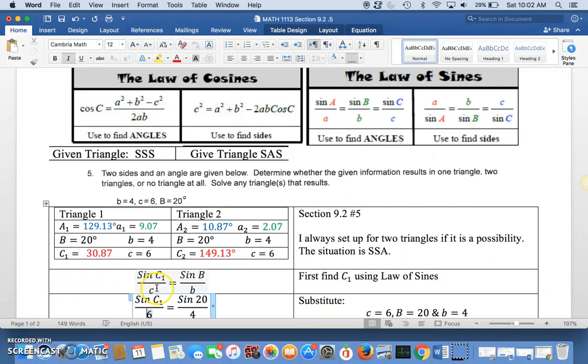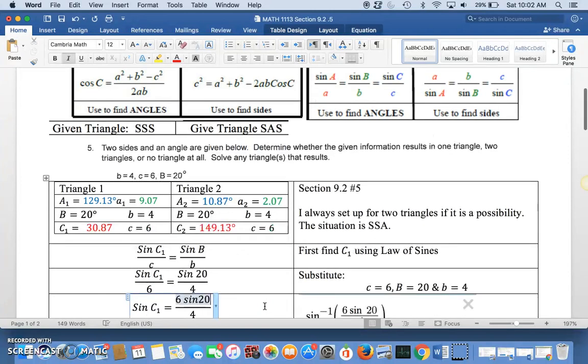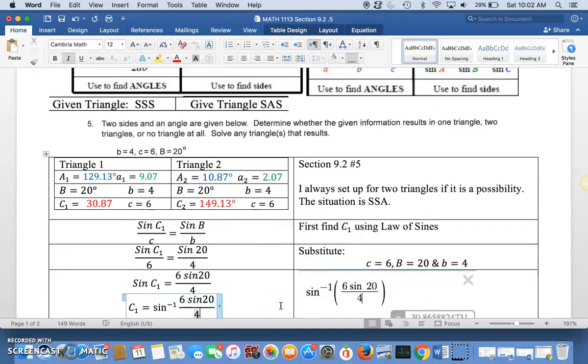So sine of C is to c as sine of B is to b. Now substitute in here: c is 6, big B is 20, little b is 4. You cross multiply, and then you end up dividing by 4 to get sine C by itself.